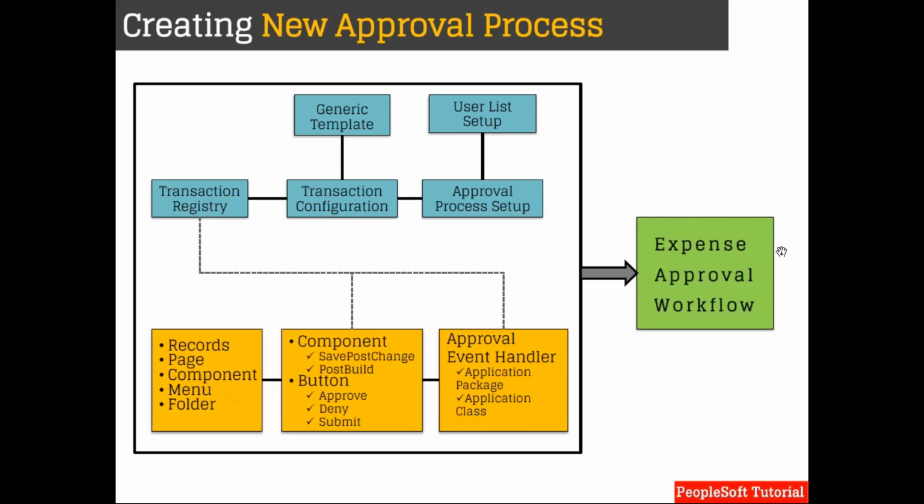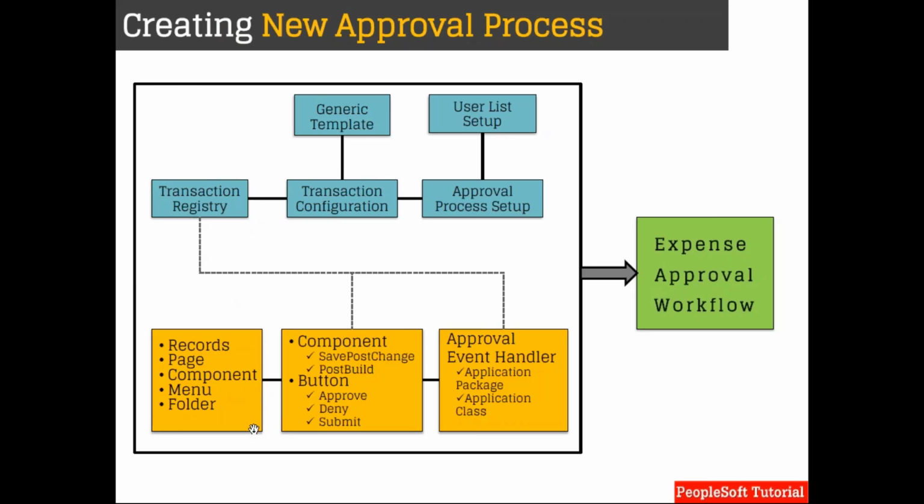For this very simple requirement, it will start with the developer developing a record, page, component, menu, folder. Just to categorize, this portion of the configuration is done in Application Designer. This part of the configuration is done from the front end.